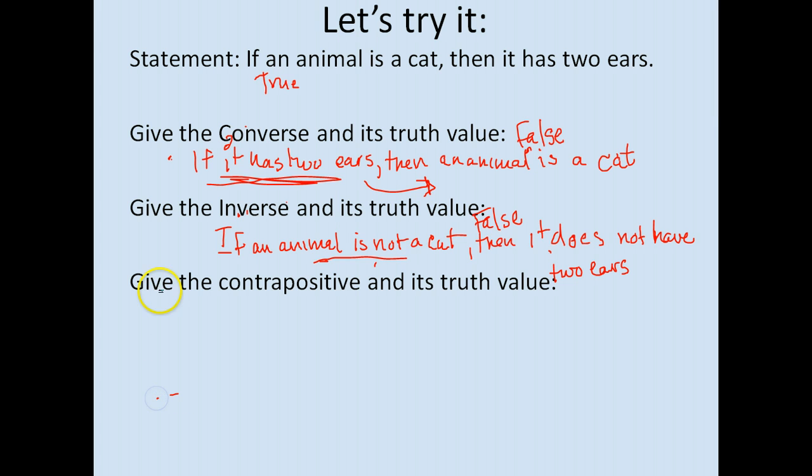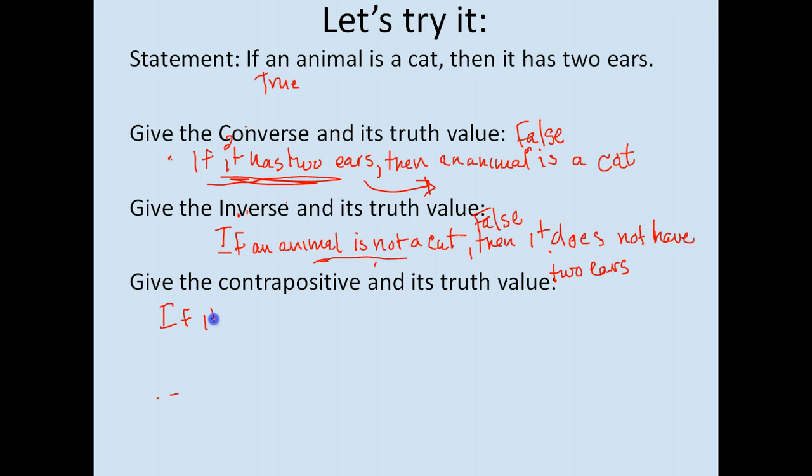And finally, we have the contrapositive. So the contrapositive, what does it do? Remember, it switches the statements and it negates them. It does both things. So having 2 ears will be at the front as our hypothesis. Being a cat will be at the end as our conclusion, and they will both be the opposite.